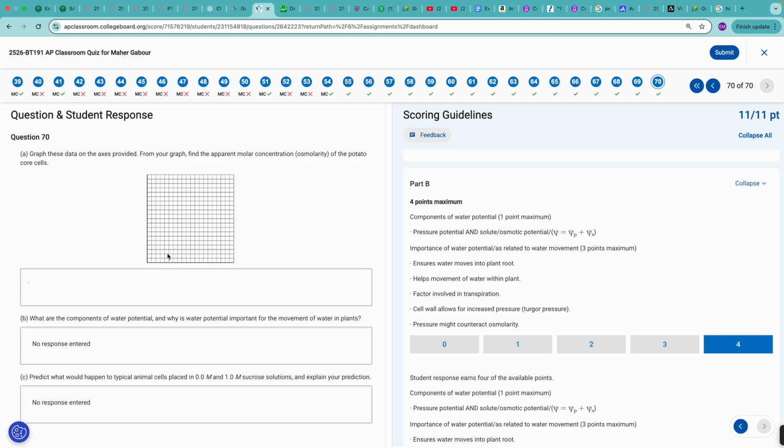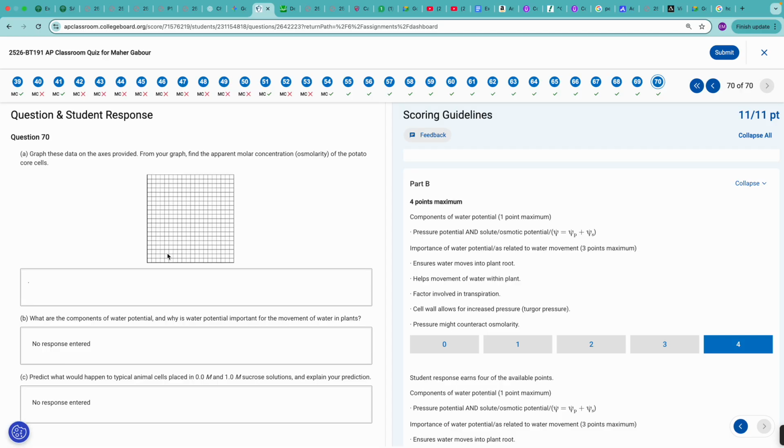Cell wall allows for increased pressure. This is good. When the water comes inside, the cell wall will allow for an increase in pressure.